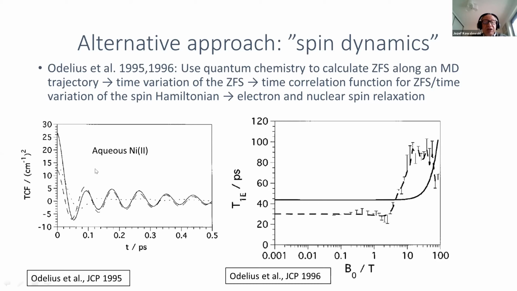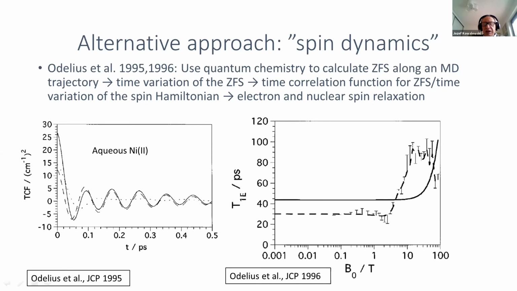And here are some data. This is the time correlation function for the zero field splitting in aqueous nickel obtained in this way. And this is the field dependence of the electron spin relaxation based on this data.